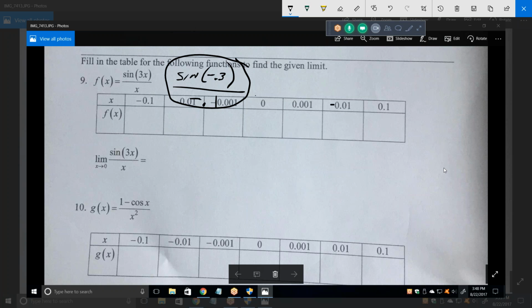Is that what you got? What are your decimals after the 5? So it's sine negative 0.3 over 0.1. Nope. It's the sine of negative 0.3 divided by negative 0.1. Okay. It's frustrating.